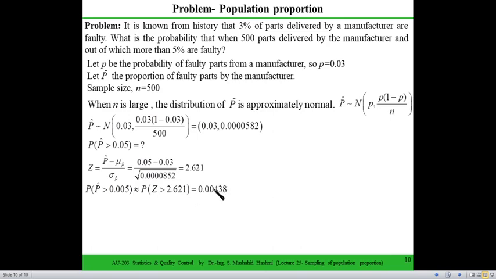We can improve this approximation by applying the continuity correction. We have already seen this when we are dealing with discrete random variables, and the normal distribution is a continuous distribution. So converting this discrete random variable into a continuous random variable, we need to use the correction factor, and we have addressed this in the lecture on binomial distribution.